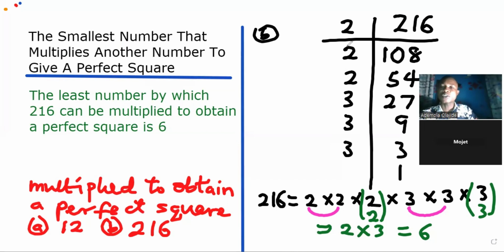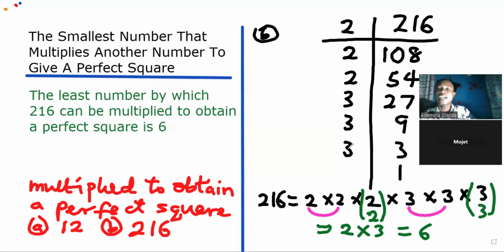If you multiply all these numbers out, 2 multiplied by 2 is 4, 4 times 2 gives you 8. 8 times 3 gives you 24. 24 times 3 gives you 72. 72 times 3 gives you 216.